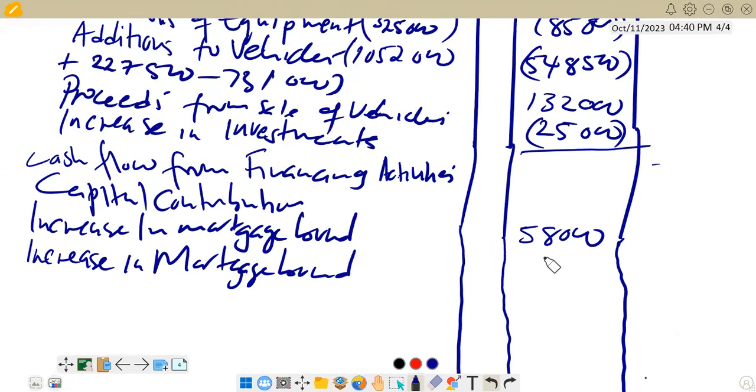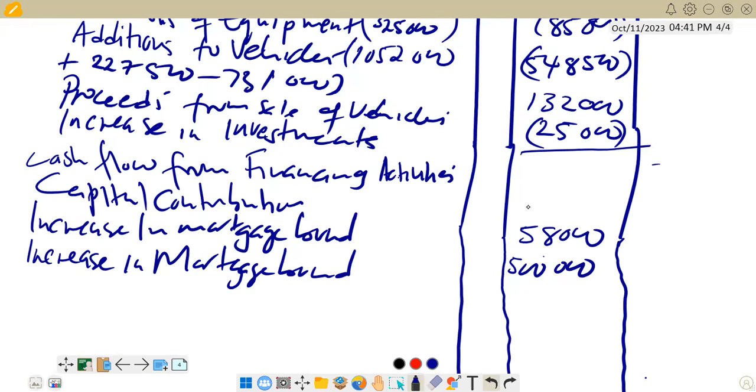So it means here we have 500,000. Right. So both of them, we are showing them as positives because on capital contribution, 58,000, it's an inflow for the business because this money is being introduced into the business. Then when you take a mortgage bond, we are receiving money as a business.